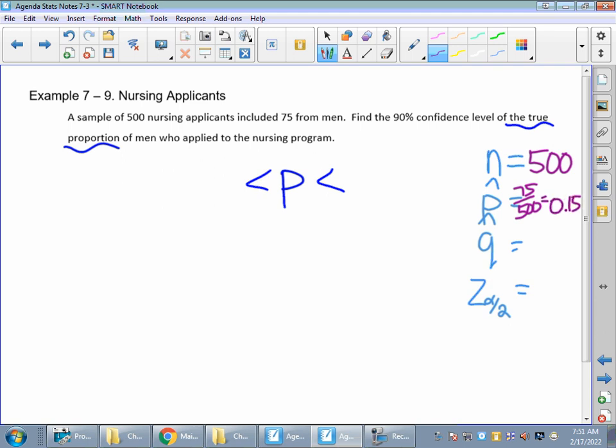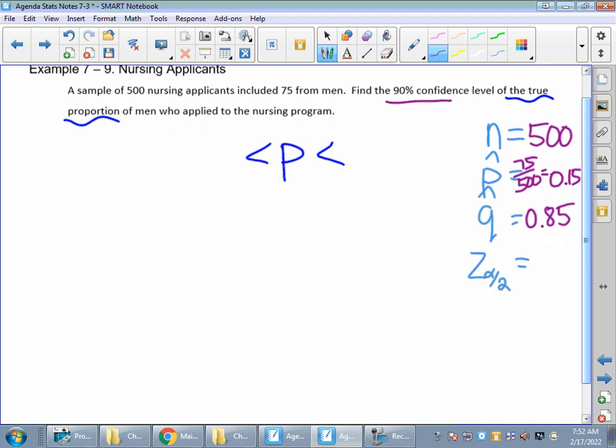So q hat, I'm going to do some quick math here. That means q hat is the probability of not success, or failure, in this sample. In this case, that's how many women were applicants. So that would be the other 425 out of 500, or use the complement and say that's a 0.85. And last but not least, our z of alpha over 2.